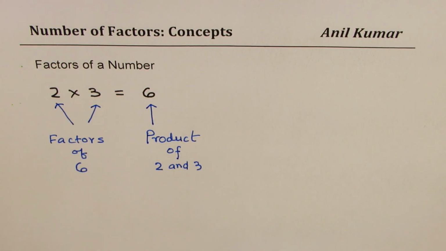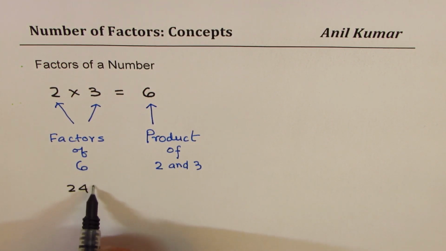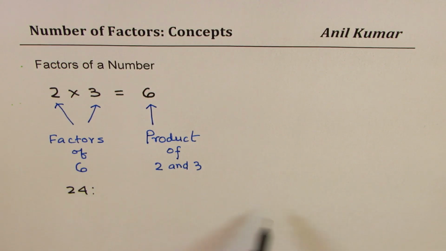So I hope this concept is absolutely clear, right? Now, what we have learned is the different ways of writing factors. So let's take the number 24, which I added there in my list. So I'm writing the number 24, and we'll try to figure out how to get factors of number 24.